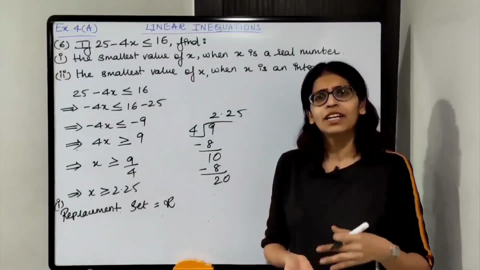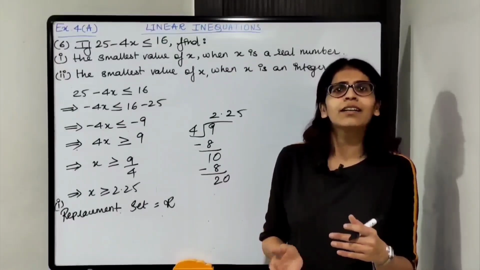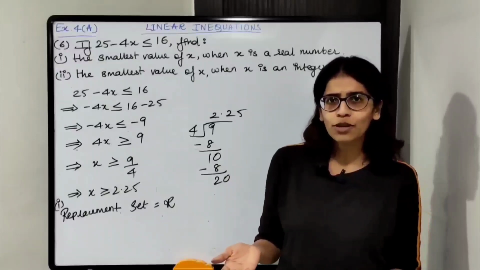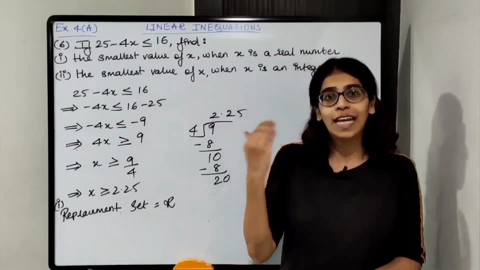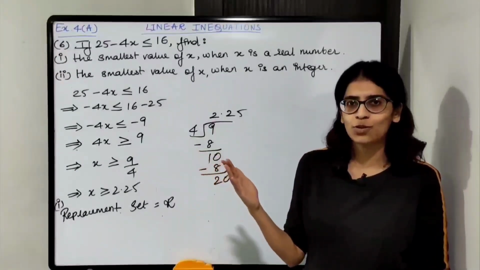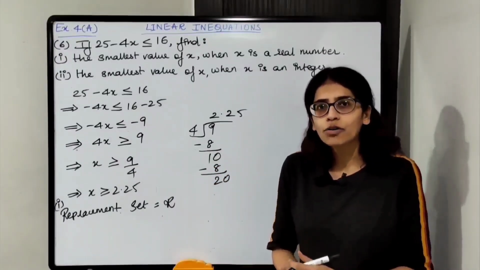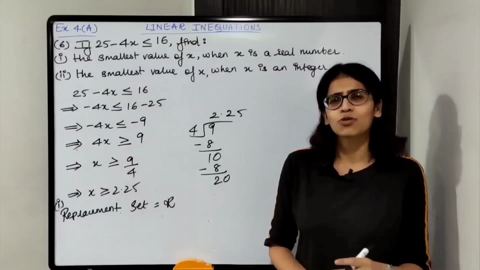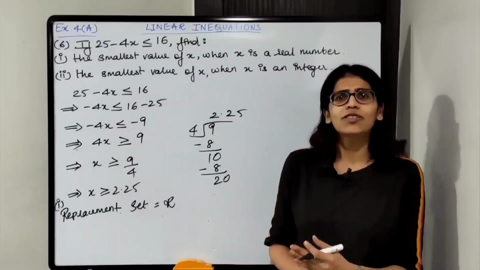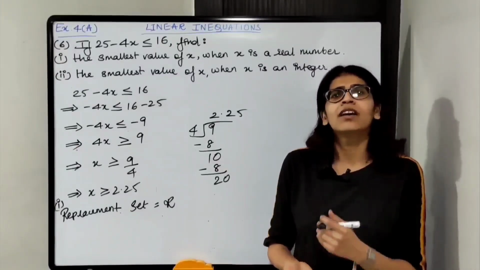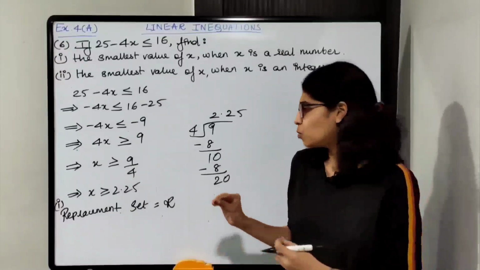Decimals may be recurring, non-recurring, non-terminating, roots, positive roots. Of course, we are not going to include the root of negative numbers, that is imaginary numbers. Real numbers include all the numbers that we have learned so far: whole numbers, integers, natural numbers, decimals, everything.